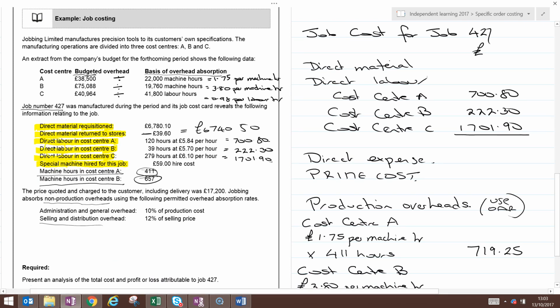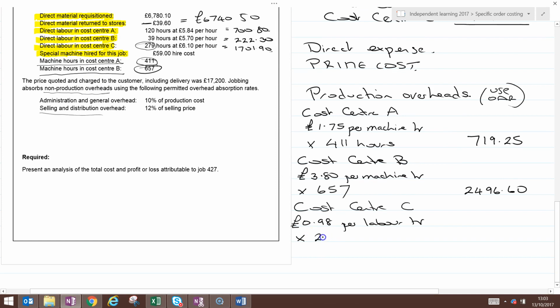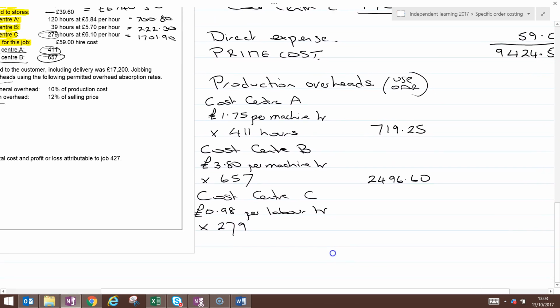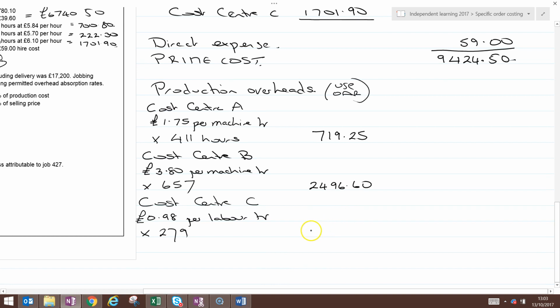We have direct labour in cost centre A, cost centre B, cost centre C. So it's this 279 hours. So that gives us £273.42. So that is the production overheads absorbed. In total, £3,489.27.